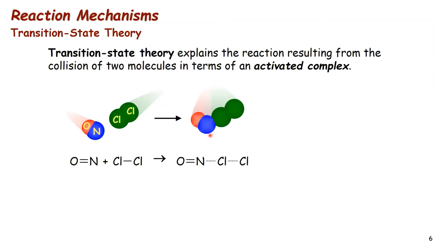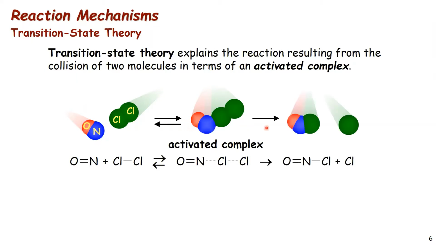This is what we call the activated complex. If it doesn't have enough energy, it's going to go back and just fall apart and form the original nitric oxide and molecular chlorine. But if it does have enough energy, it's going to go on to form products.